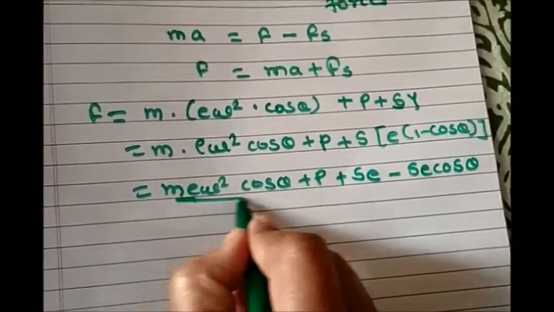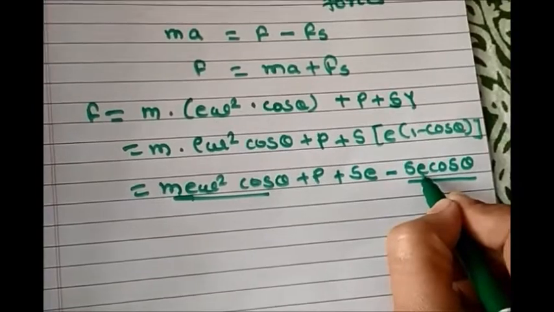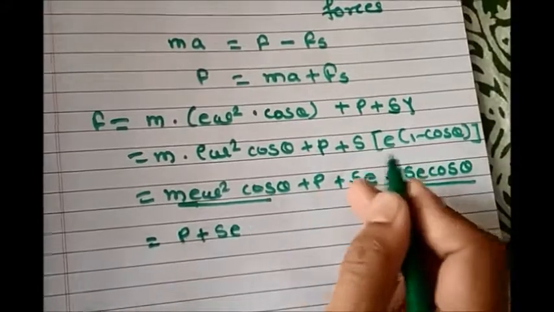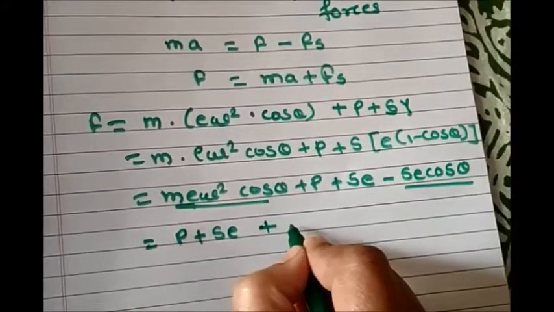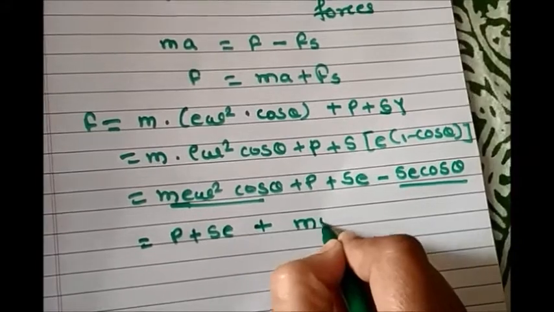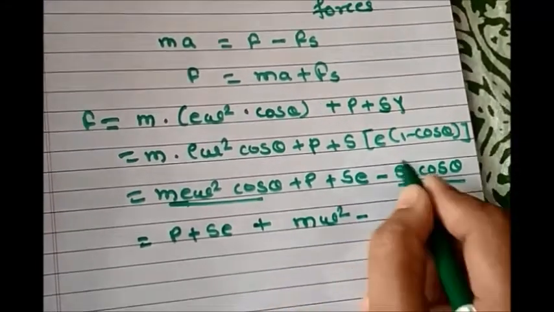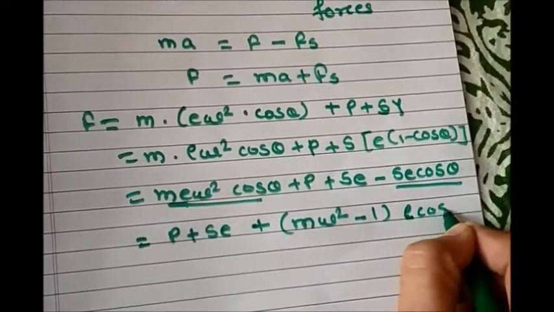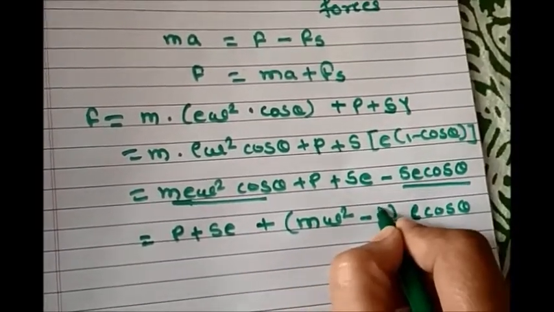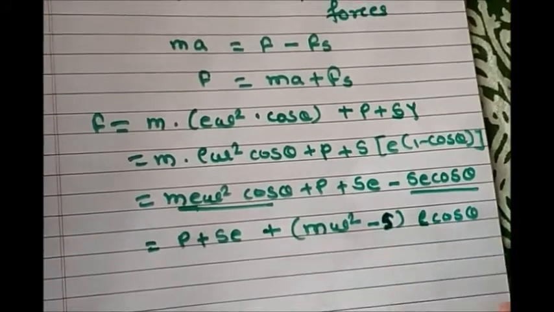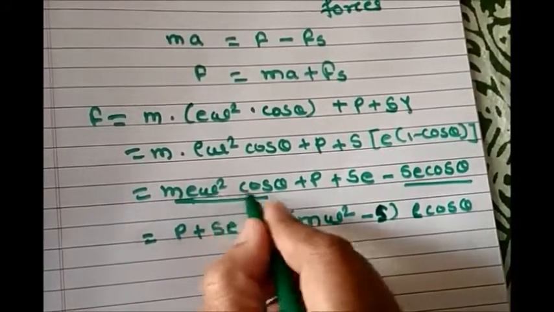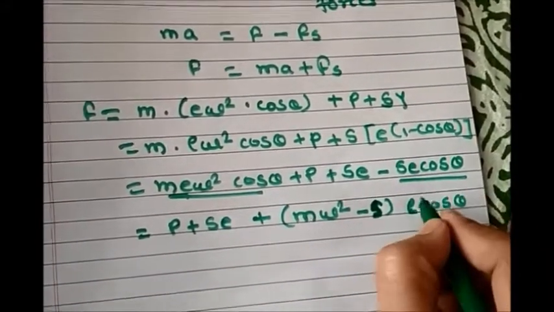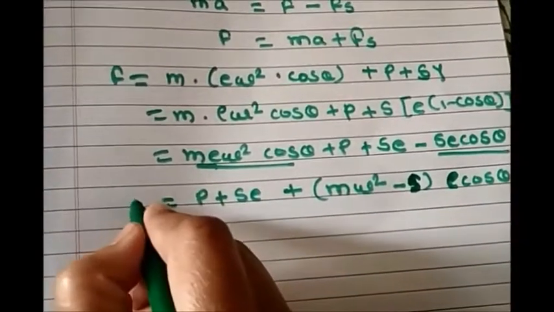Now we have these two terms, in which we can take e cos theta common. So what we get? P plus S e, let's take first, plus m omega square, and minus S outside the bracket, e cos of theta.